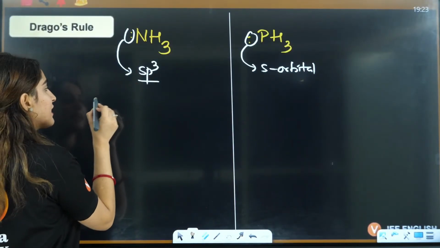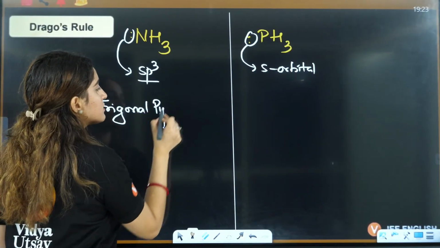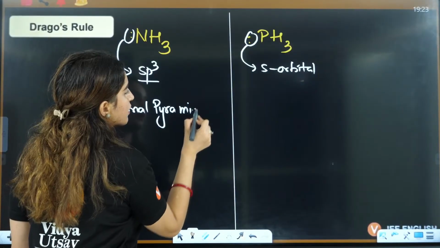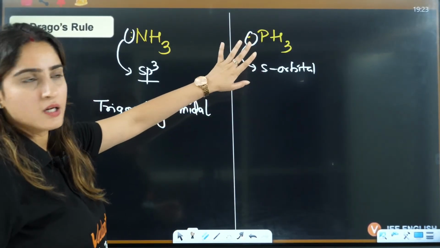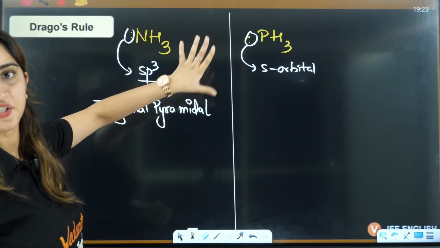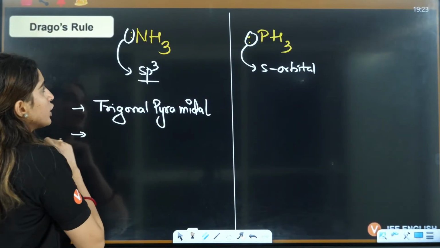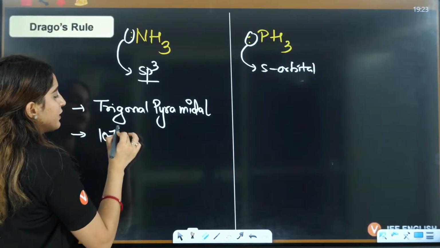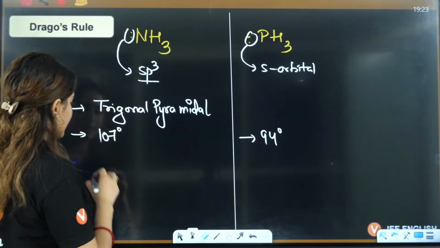That is the reason here it is having a trigonal pyramidal structure, and here it is not defined. In some books you will see it written as pyramidal, but it is not as such defined. Now here you will see the angle is 107 degrees and here the angle is 94 degrees, right?